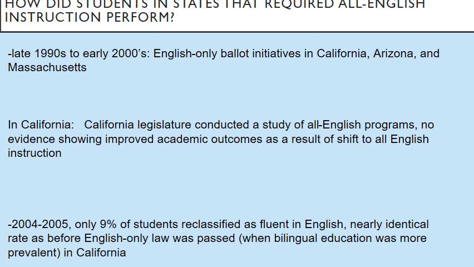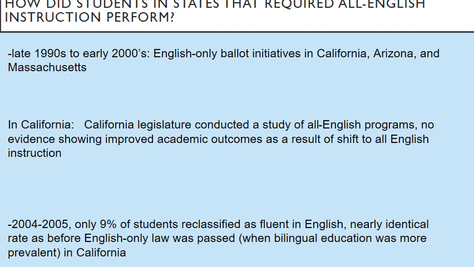Interestingly enough, in 2004-2005, only 9% of students who were eligible to take the yearly progress measure were able to reclassify as fluent in English. And that was the same rate as before that all English referendum had been passed.